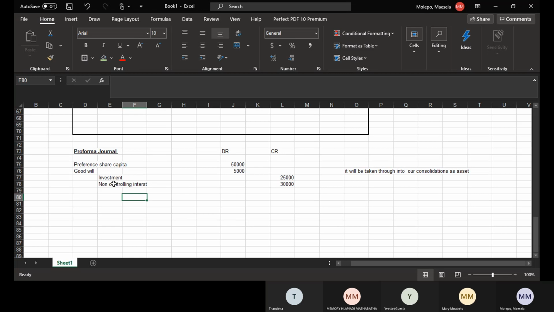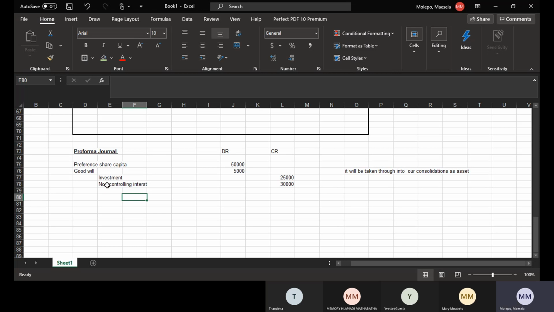Then we continue further. There is a journal that we need to account for based on the provision of the dividends that will be paid, because we pay a dividend of 5,000. So on our profit, we have 38,000, then we less the 5,000, then it becomes 33,000.